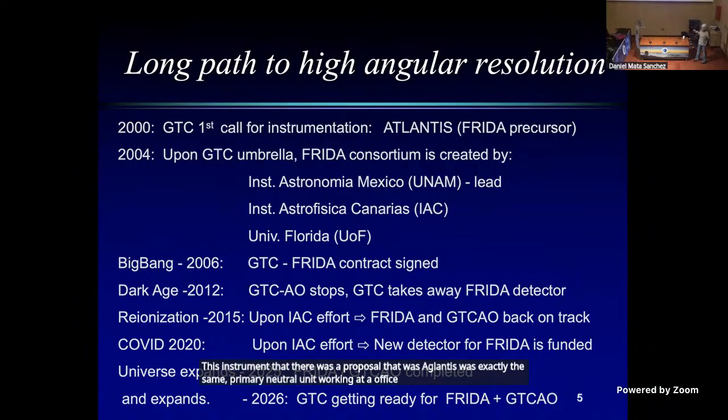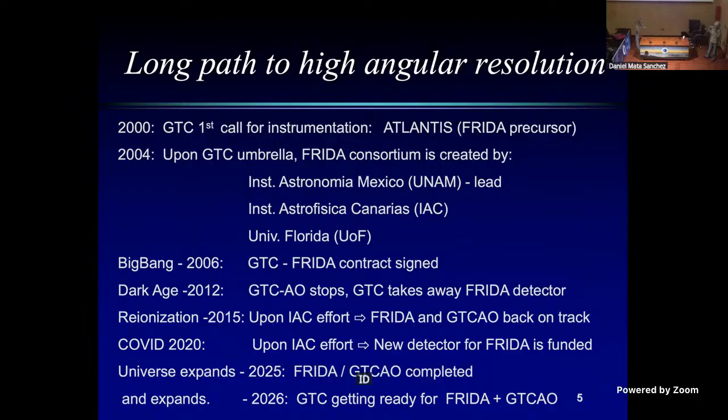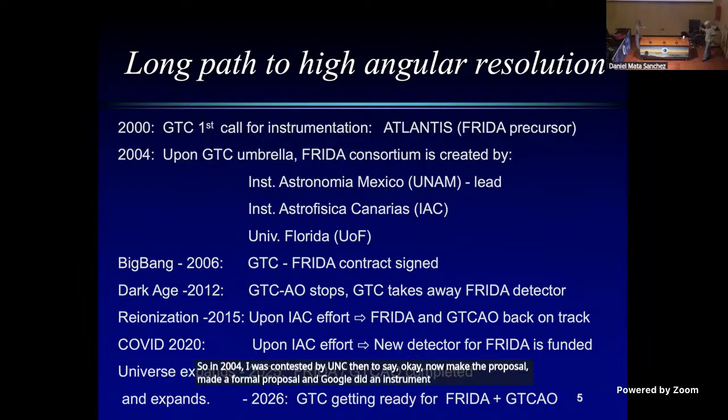It could not be done at that time because there was no funding at GTC to do the adaptive optics module, which has to be developed by GTC. So in 2004, I was contacted by GTC to make a formal proposal, and they would build an instrument that would accommodate the adaptive optics module. We have funding, we will go together.